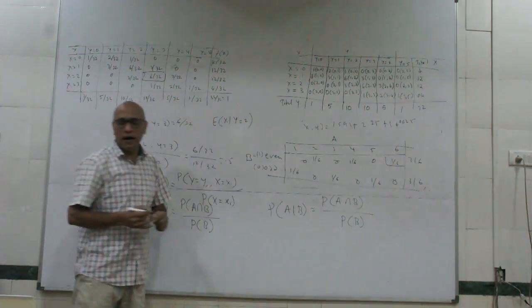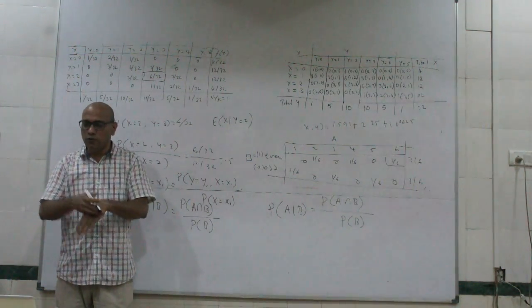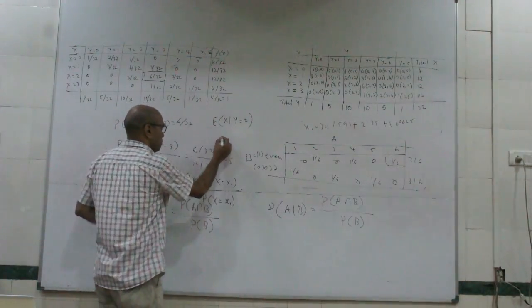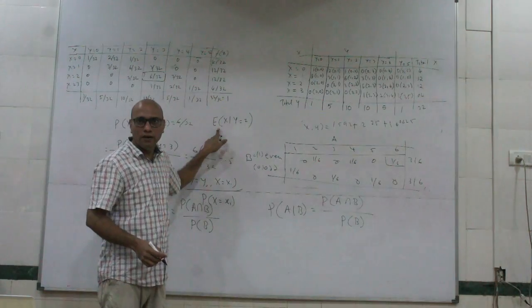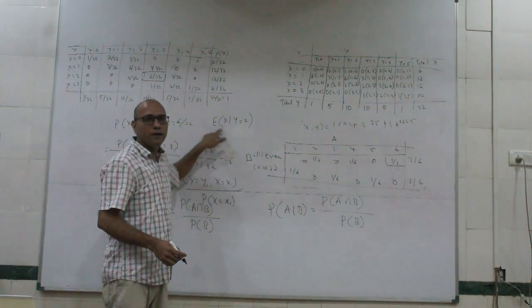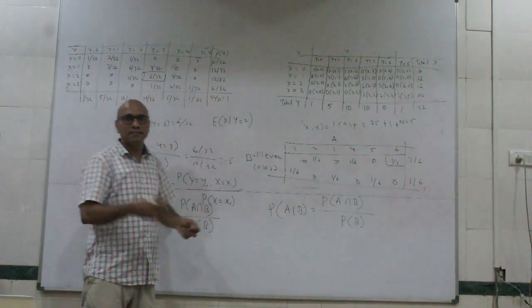It can be worked out in simple ways: I work out X takes a value 0, X takes a value 1, X takes a value 2, X takes a value 3, and I do the summation.